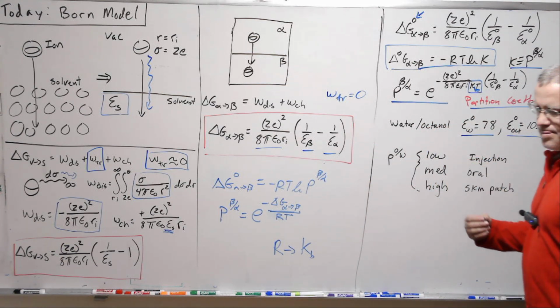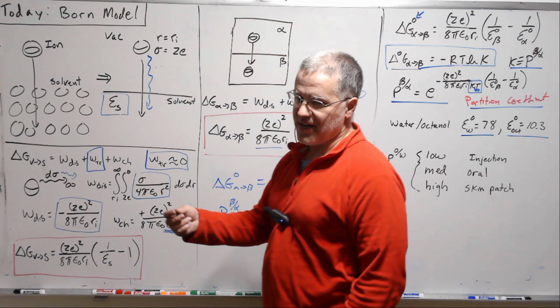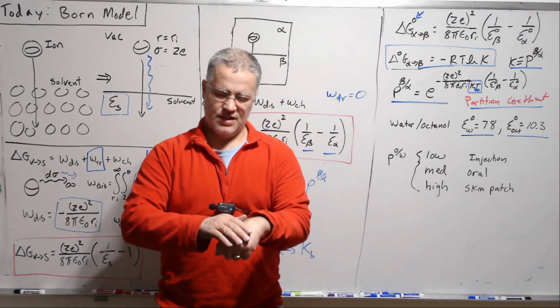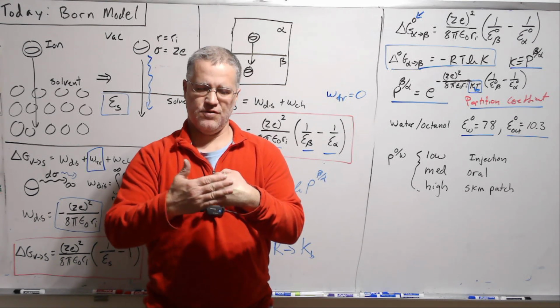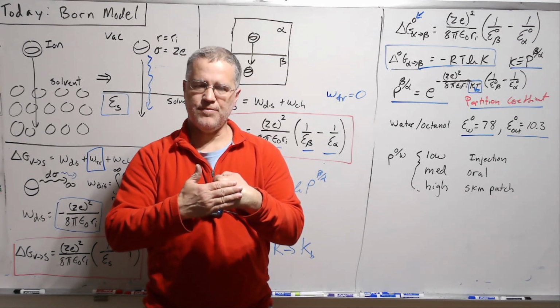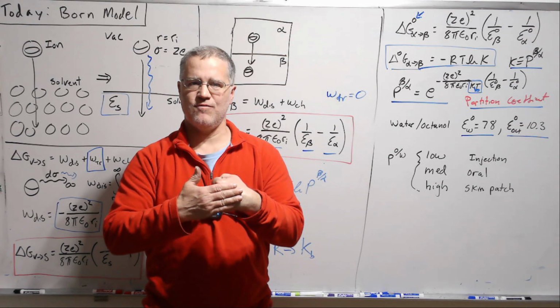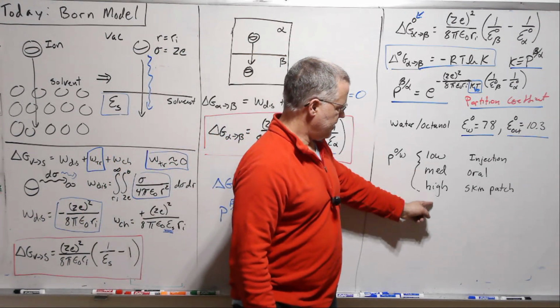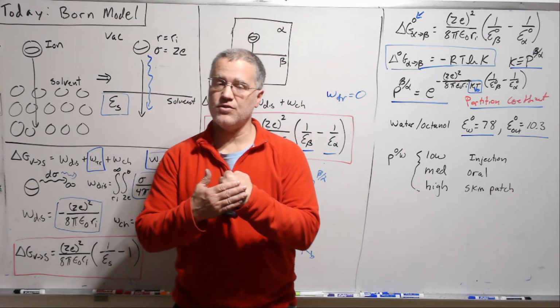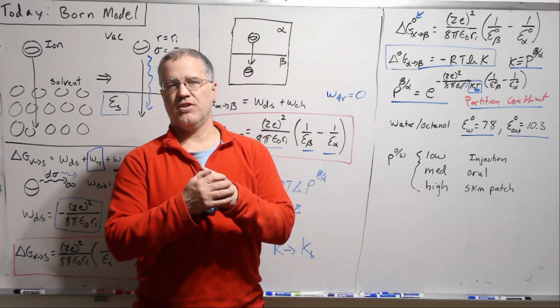So let's try to understand that a little bit. If it's low, the drug is not going to want to go into oil. So our skin is quite impermeable to water. So if we put a skin patch on, the drug's going to want to stay in water, not really want to go into oil. So it would not be very effective. But if the drug tends to want to go into oil, then a skin patch could be very effective.